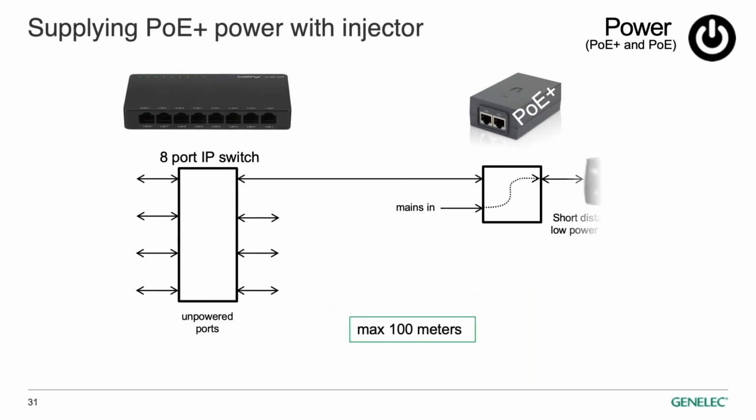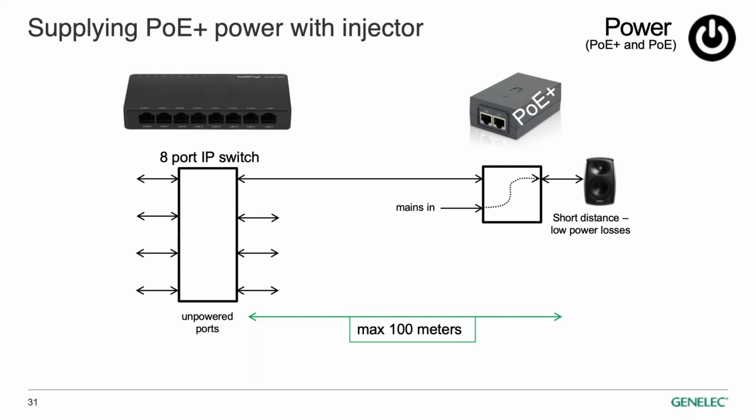If you have an existing building that has network switches already in place and installed, but they don't feature any PoE Plus power, then you can use an additional piece of hardware called a PoE Plus injector, which you connect in between the switch and the loudspeaker, and this PoE Plus injector is then acting as your power supply and feeding the power into the loudspeakers.